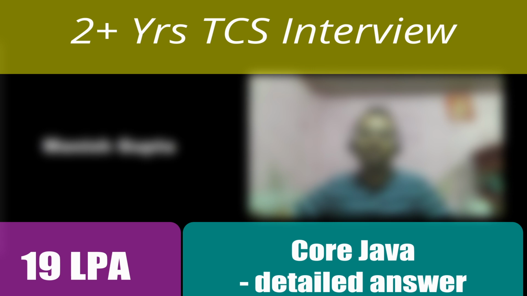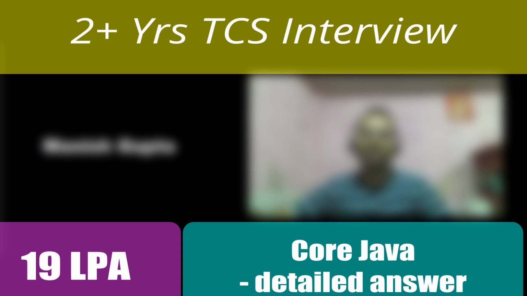Okay, so suppose we have String s equal to Akash, and in the next line we have s equal to Pathak. Then we say System.out.println(s).